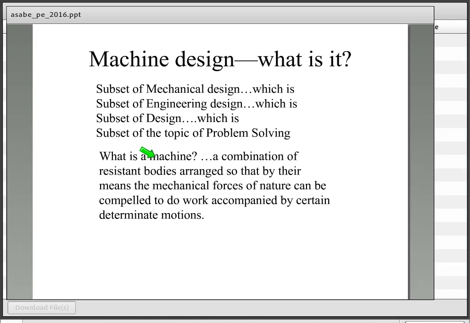Machines being an arrangement of bodies or mechanisms, linkages that are usually designed to do work. We want to be able to do work with a machine typically. And so what we're faced with in doing machine design is designing those bodies that are arranged so that we can input power and get power out to do work.